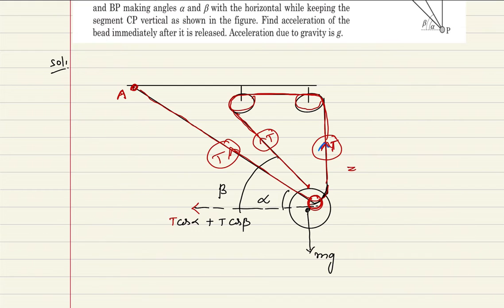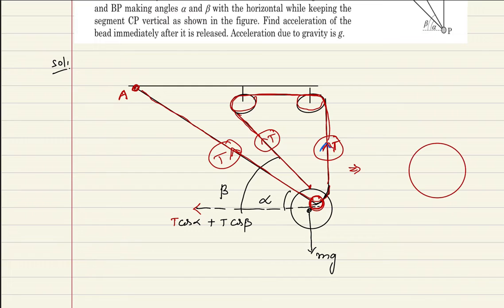Now I am drawing the free body diagram of this disc. According to the question, the tension force is acting in the upward direction, T, and we can observe that this makes angle alpha, and here also angle beta. I can write the components of these forces as T sin alpha and T sin beta acting along the y-axis.